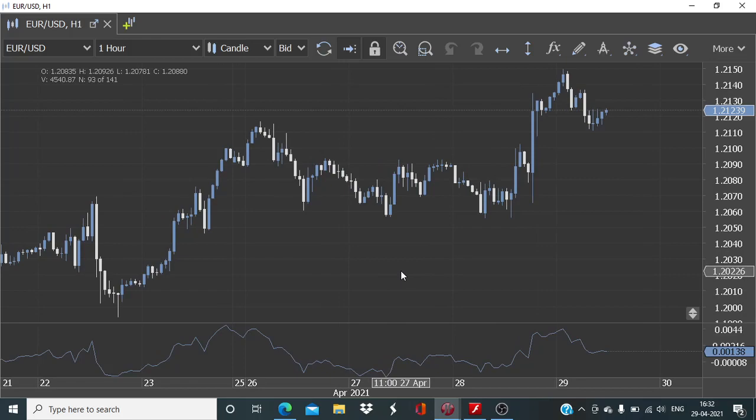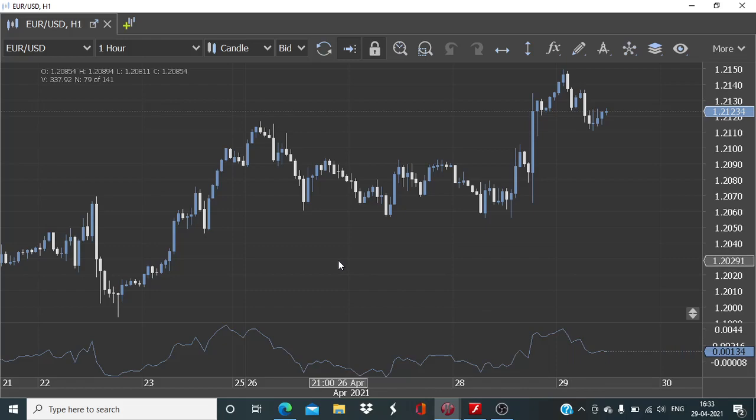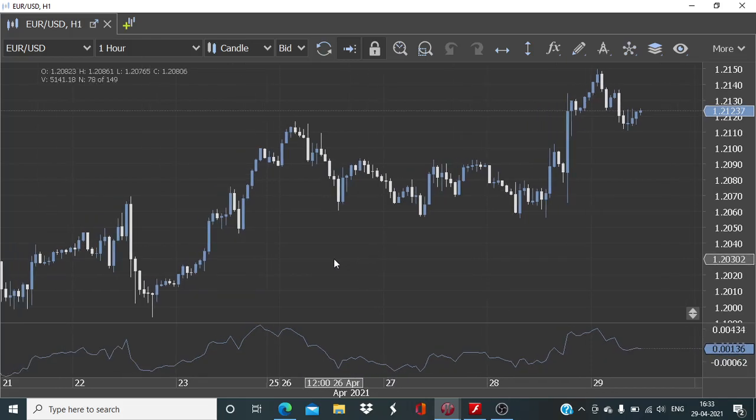So this is the Euro USD chart, and it is of the hourly time period, and I have plotted this Kairi relative index on the lower side. And what we are looking at for the execution of the trade is divergence.